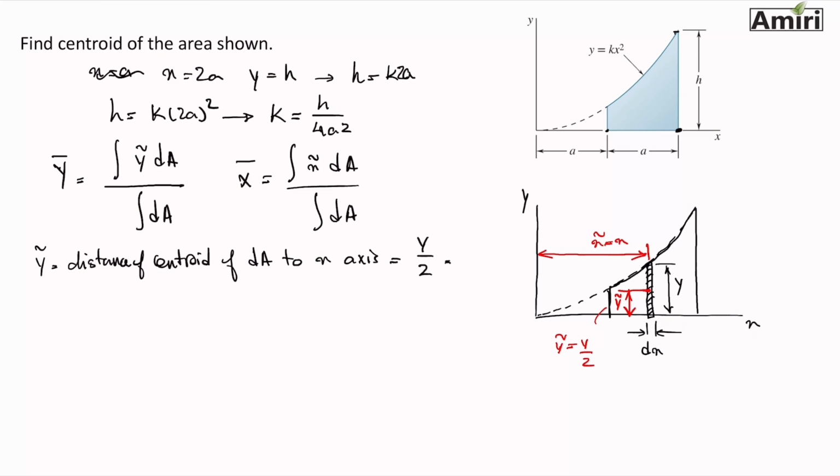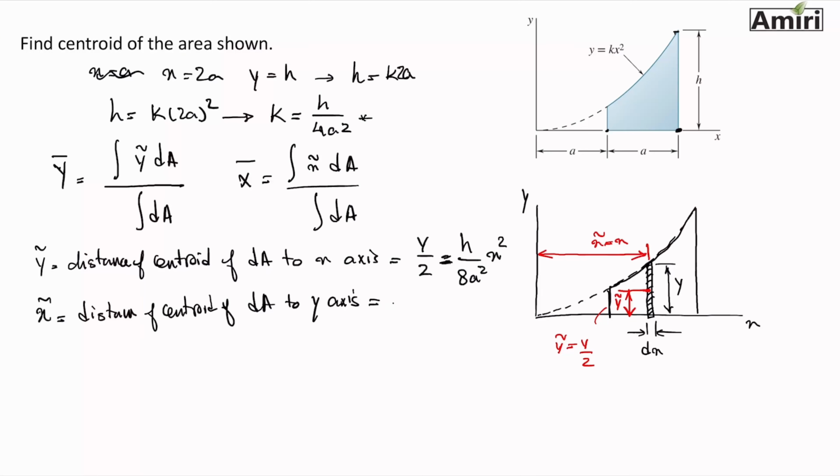If I replace the y with the equation I have, it is h over 8a squared x squared. K I calculated here, and that's my function. X tilde is the distance, as I mentioned, of the centroid of dA to the y axis, which in this case is just x.